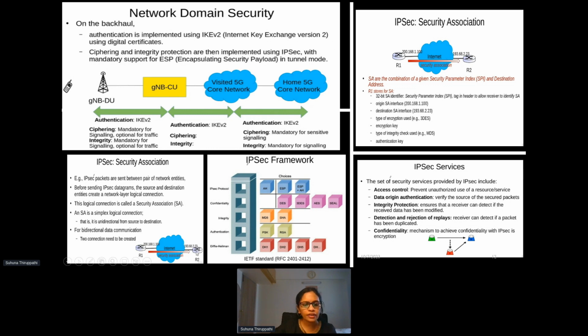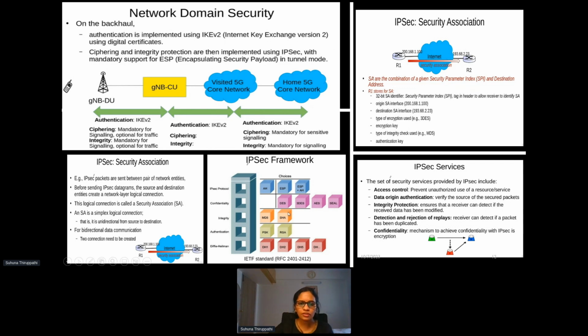If you want bidirectional, two connections are created. So the sender has details like origin interface, destination interface, type of encryption used, encryption keys, and types of integrity checks stored, and it negotiates with the receiver, and the logical connection is established.